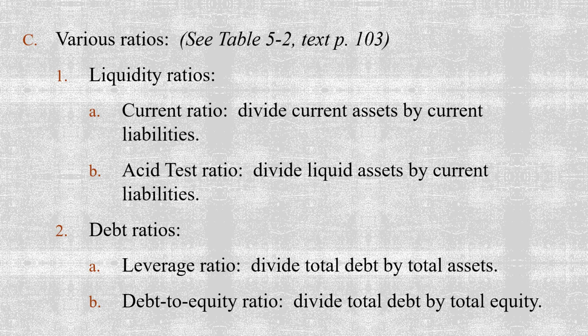Debt ratios include the leverage ratio, which is dividing the total debt by the total assets, and the debt to equity ratio is dividing total debt by total equity. Of course, these numbers we want to be small. The smaller that number is, the better the health of the company is.